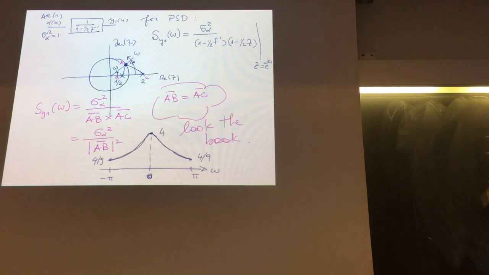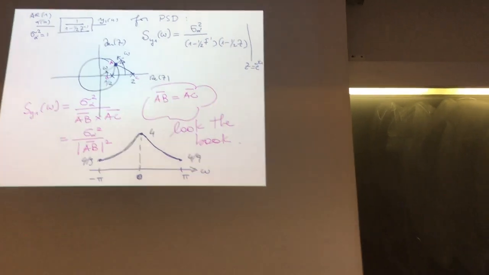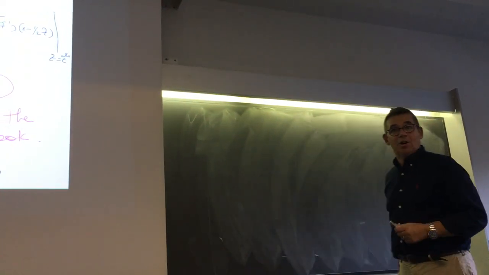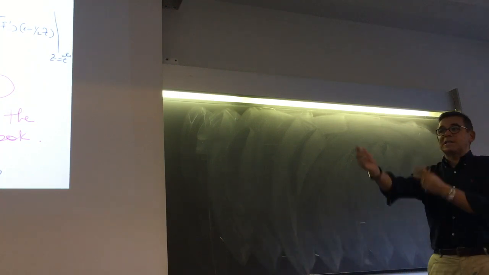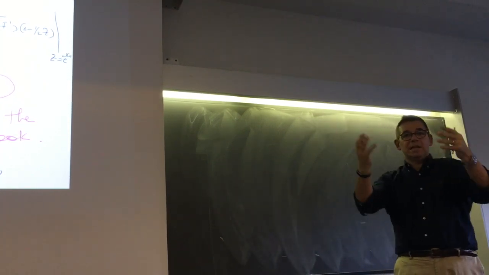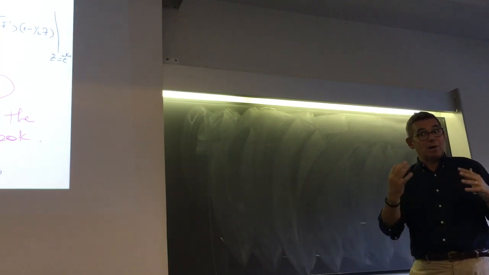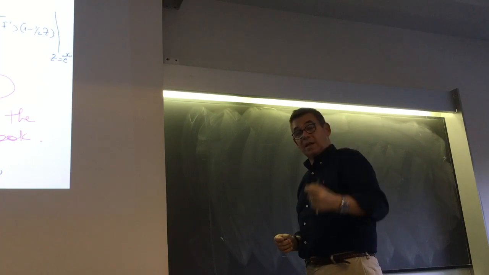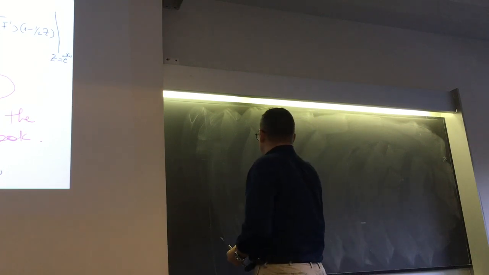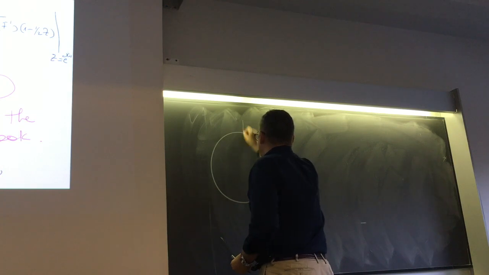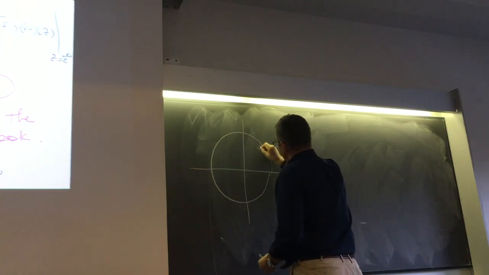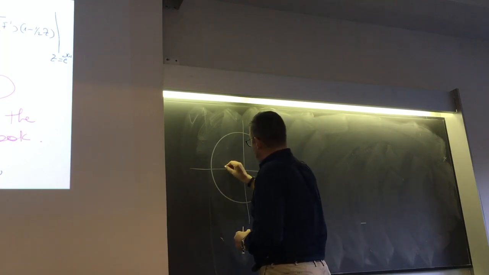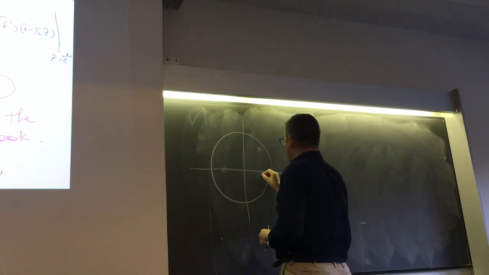Just to explain a few words: usually the telecom students make this by hand. So when they see a set of poles and zeros, immediately they figure out how the power spectral density behaves, or at least the behavior of the Fourier transform. So let me make a quick review on that. Imagine that you have a pole here, just to make it simple, and a zero there, and we have another pole here.